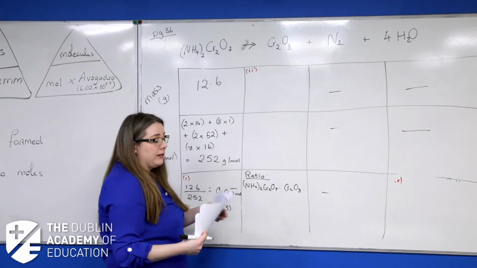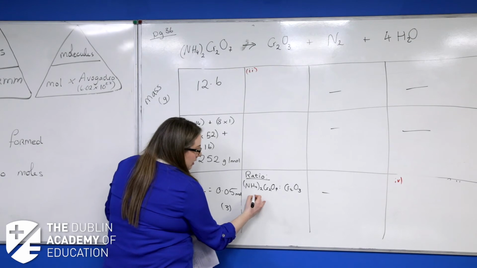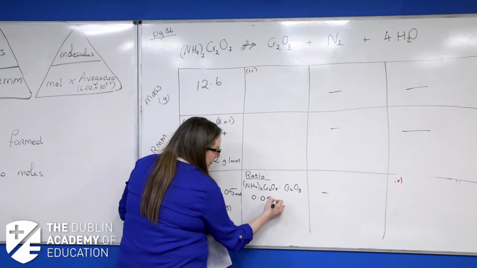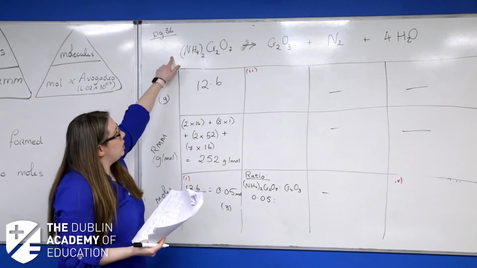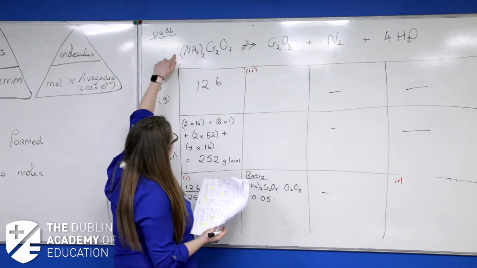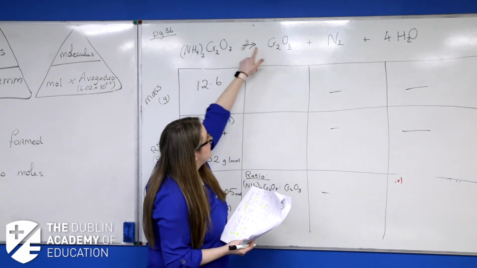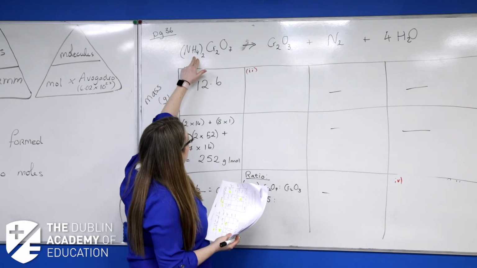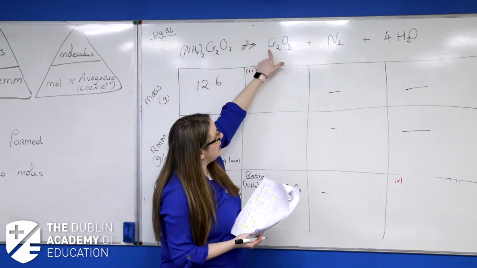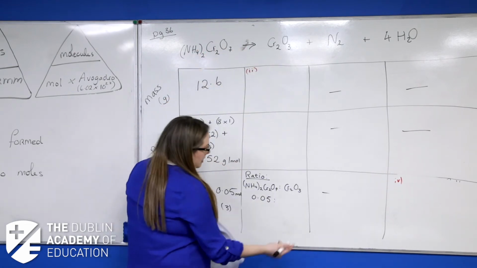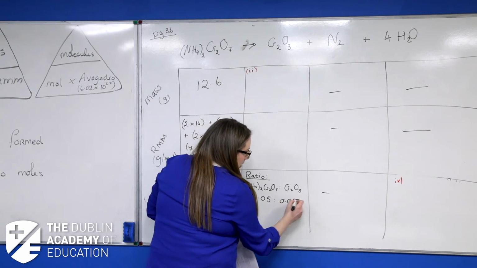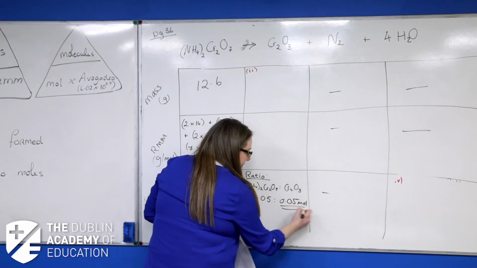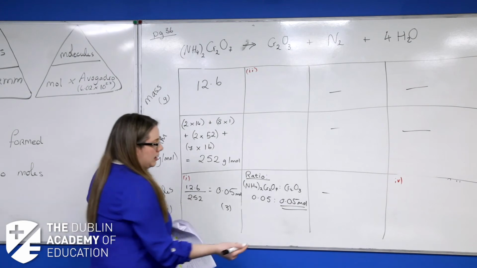It could be X and Y. It doesn't matter. 0.05, because it's 1 is to 1. 1 mole of this will form 1 mole of this. So however many moles of the ammonium dichromate you started with, you're going to end up with the same number of moles of your chromium oxide. So that's your answer. That's how many moles of your chromium oxide.